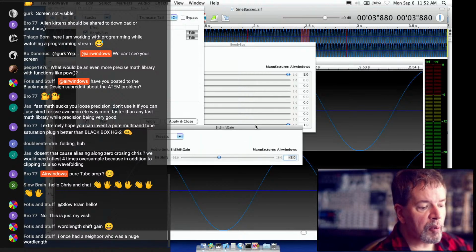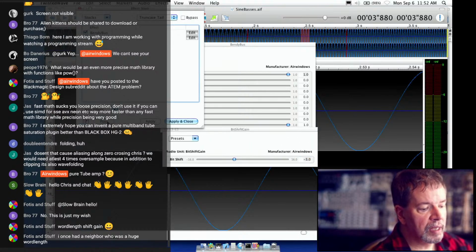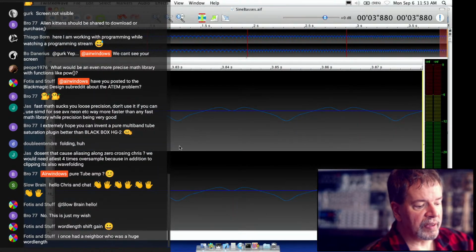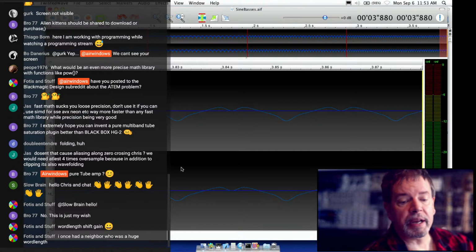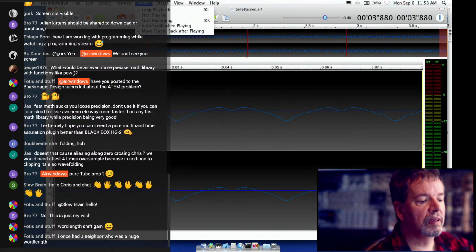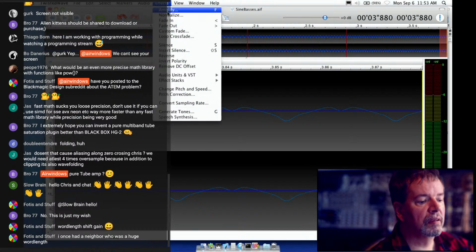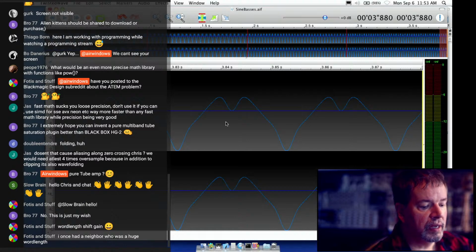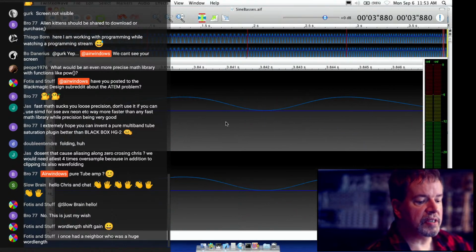It's even going to remember what we had it set to. Apply and close. Check that out. Now we have a different shape. There's our new shape.